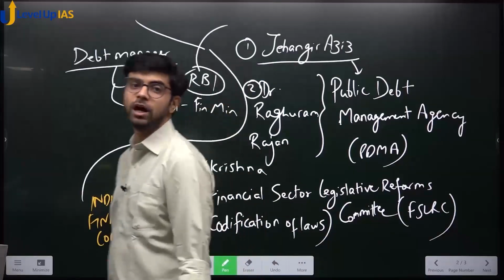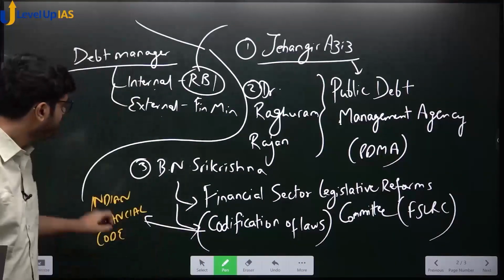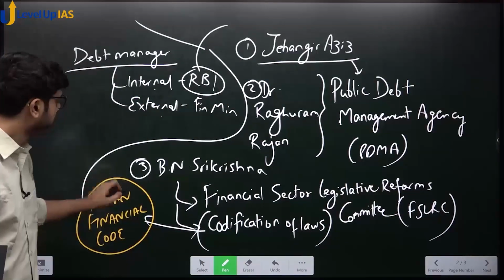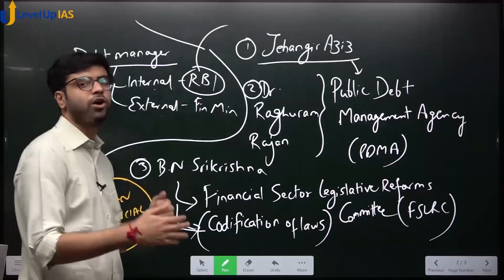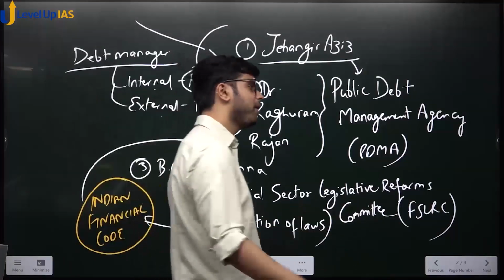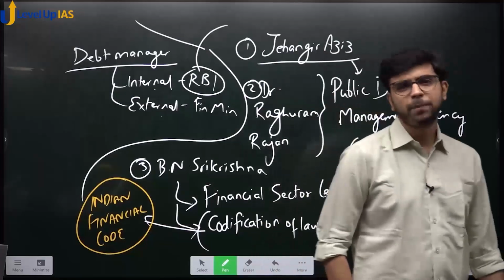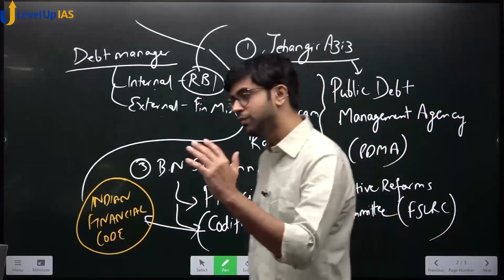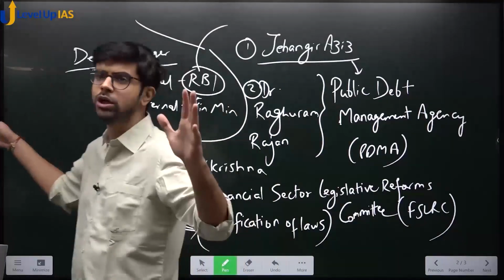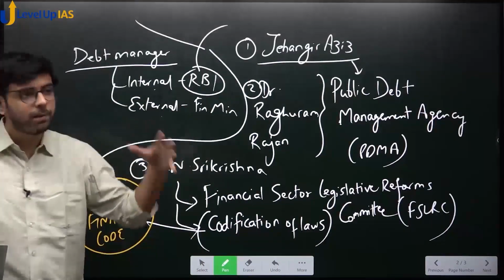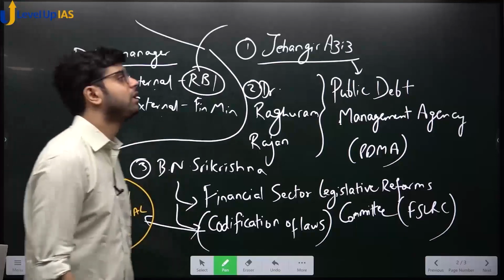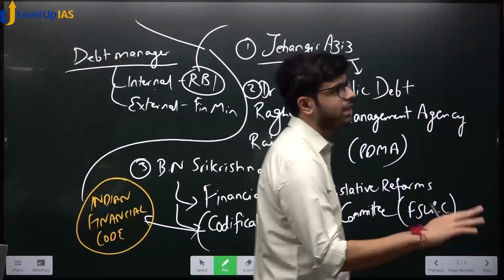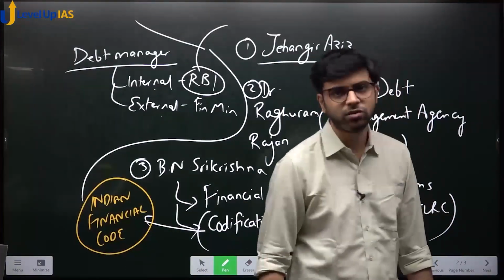That will be called the Indian Financial Code, IFC. They gave a very important recommendation to implement the IFC, which means to consolidate the laws. If there are duplicate laws, multiple laws for one thing, repeal whatever is redundant and club them into one law, one big code. No doubt it will be very bulky, but there will be only one code. Because one act says something and another act says something very different about the same thing.